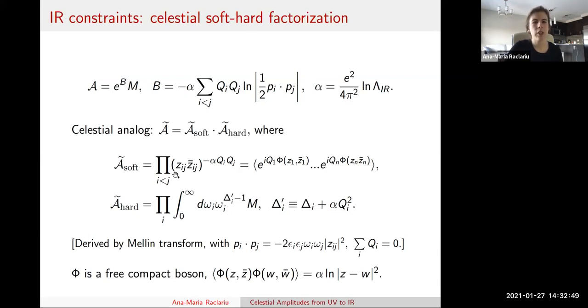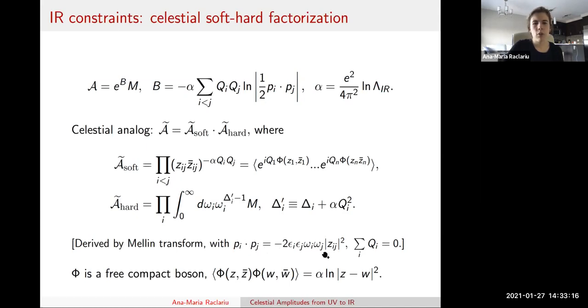Because this factor carries some dimension, if one Mellin transforms this object with respect to the delta i's, which are the original unshifted delta i's, one needs the hard amplitude to be expressed in terms of shifted weights to absorb the factor one picks up from the transformation of this correlator.